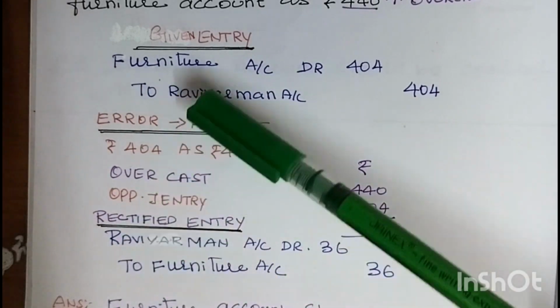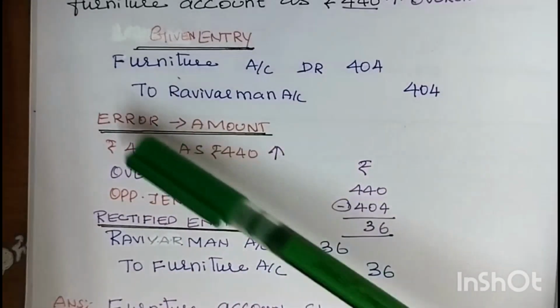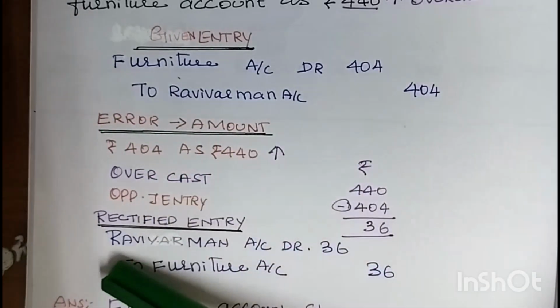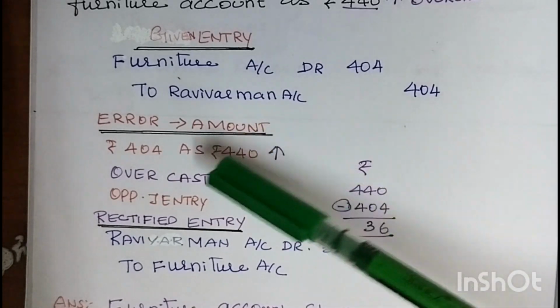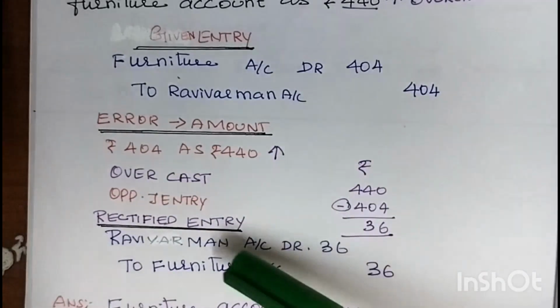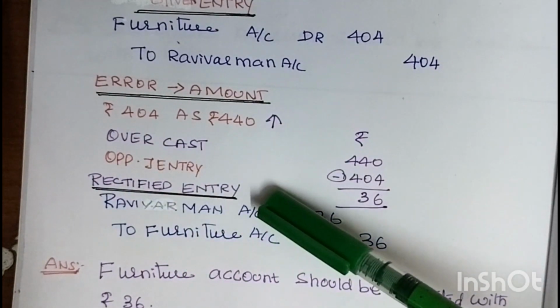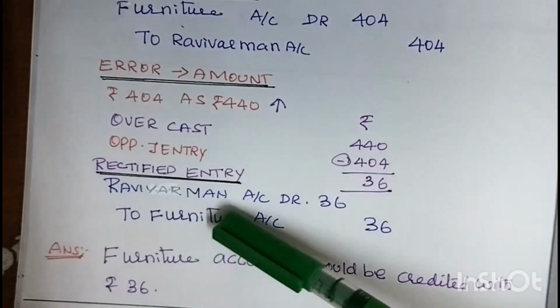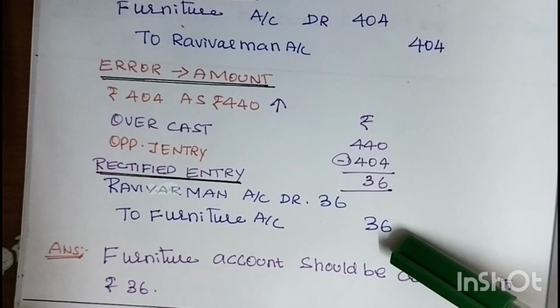Okay, so the debited furniture account you have to credit, and the credited Ravi Varman account you have to debit. Do you understand? We credited the Ravi Varman account, so rupees 36. So the rectified entry is Ravi Varman account debit 36 rupees to furniture account 36.